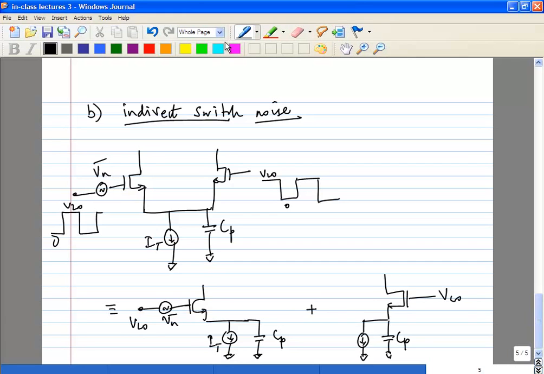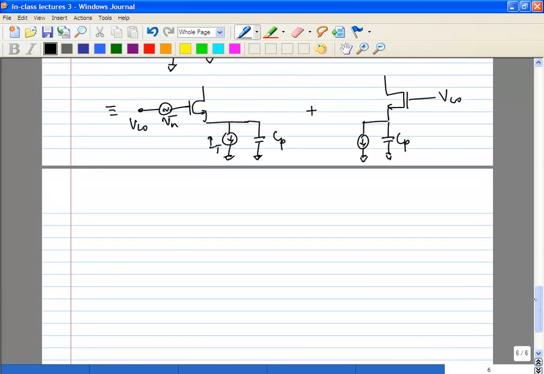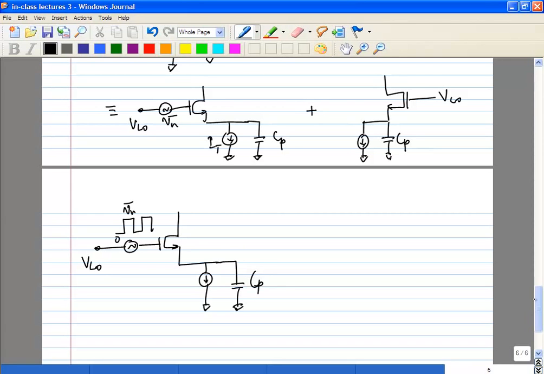Then what we are going to do is redraw these two again slightly differently, so it goes between 0 and Vn between the two half cycles, and once you do this, the two things are equivalent.